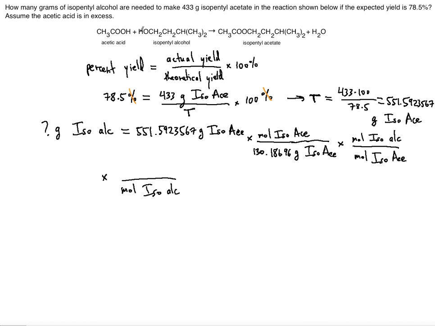How many hydrogen atoms are there? 1, 2, 3, 4, 5, 6, and then 6 here, so that's 12 hydrogen atoms multiplied by 1.00794, the formula mass for hydrogen in the periodic table.